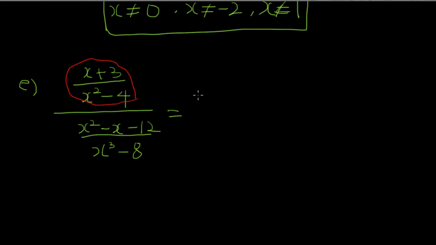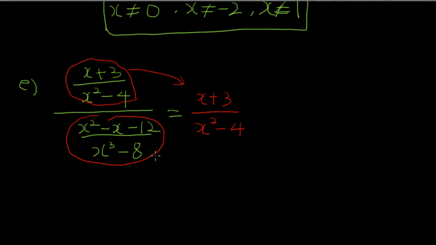Let me just use this pen. x plus 3 over x squared minus 4. Now we're going to write this one. So this goes here, this one in here. But when we write, this is going to be flipped. So in the denominator part, x cubed minus 8 goes here.